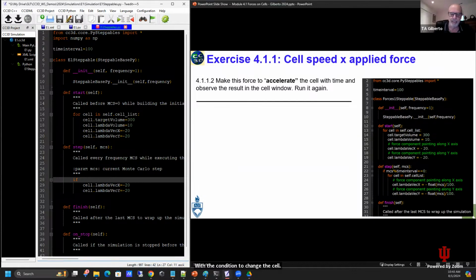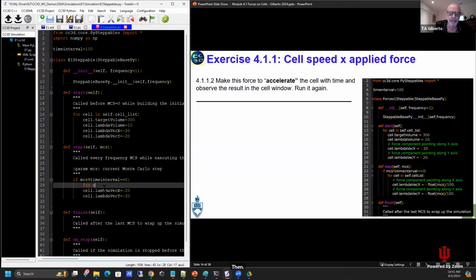I will ask if Monte Carlo step divided by time interval is equals to 0.